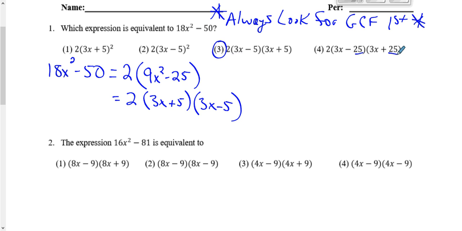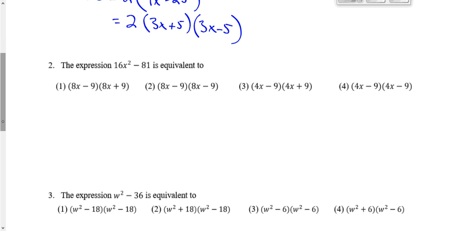All right, you guys try number 2. And always look for a what first? If there isn't a common factor, then don't worry. Then move on to the next technique.